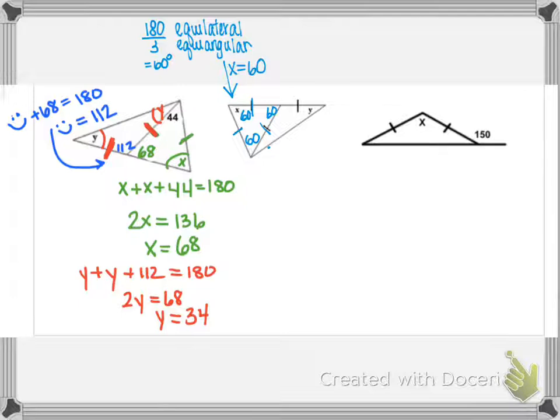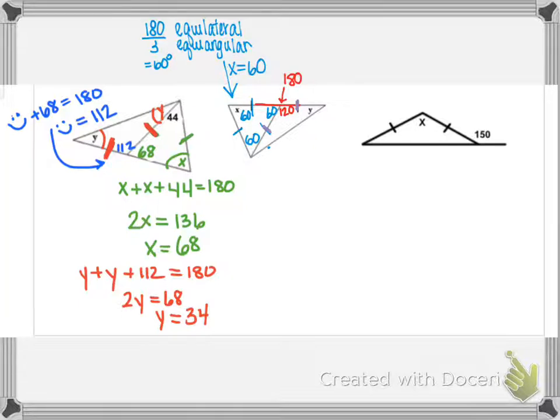Okay, so right here we've got a line, right? Alright, so we know a line makes 180 degrees. So if I take 180 minus this 60, right here, I'm going to get 120 for that angle right there. Now I know these two sides are going to be congruent.